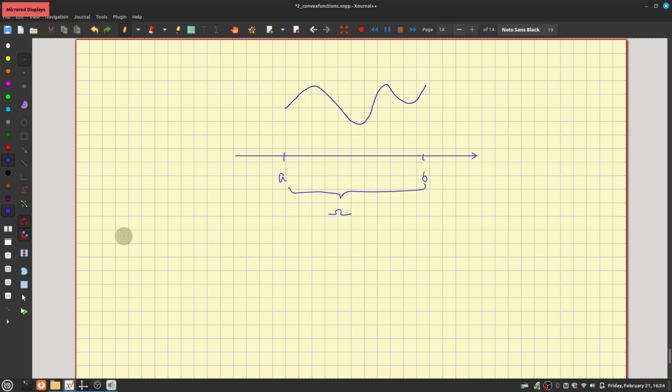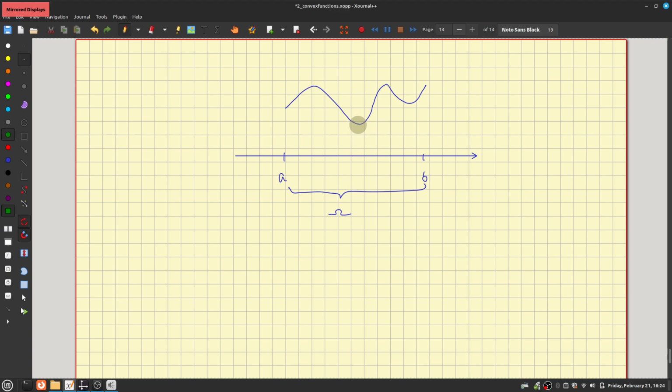This is f of x. Where are all the local minima? How many local minima does this have? The number of local minima is 3, right? Does everybody agree? So what are the local minima?